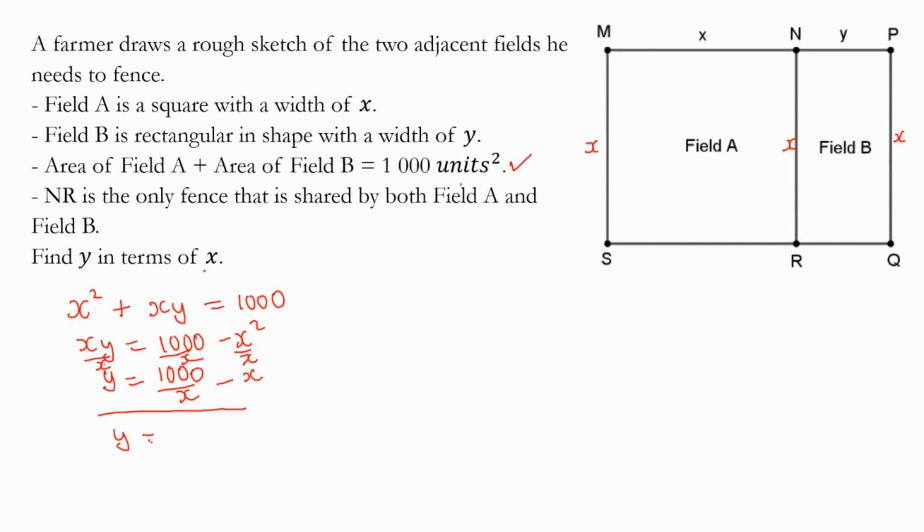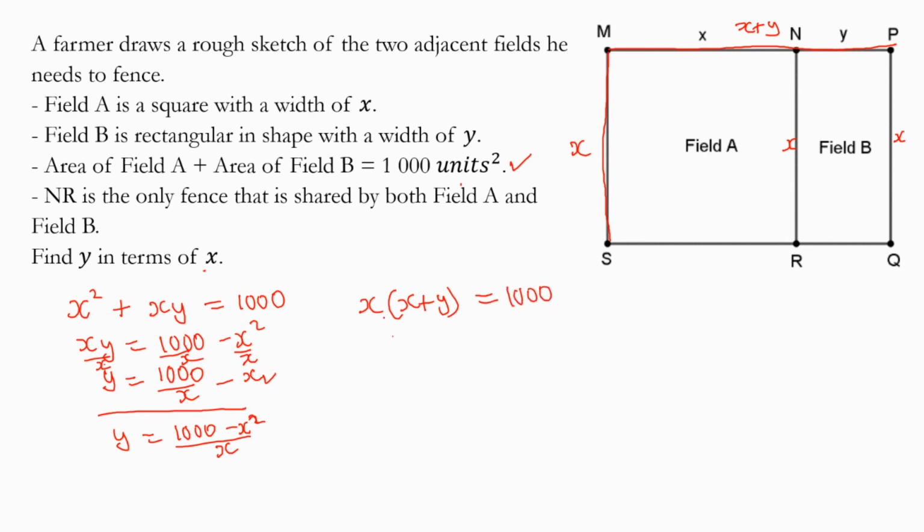So we can also have something like this. You can say y is equal to 1000 minus x squared divided by x, that is still okay. Or you can say this whole length here is x plus y, and the width here is x. So you can find the area of the whole rectangle by saying length times width, which is x times x plus y, is equal to 1000.